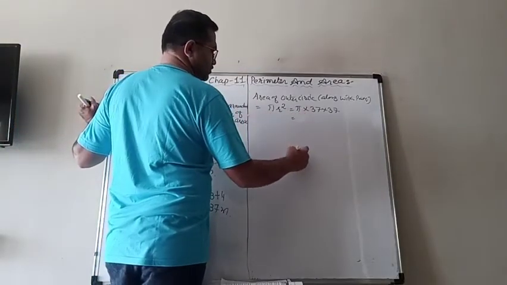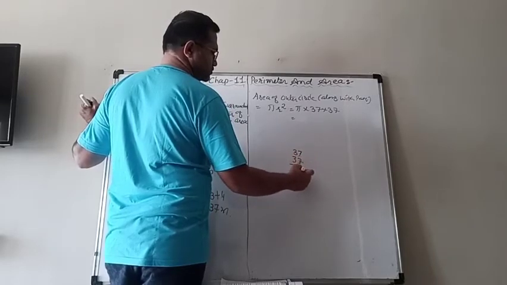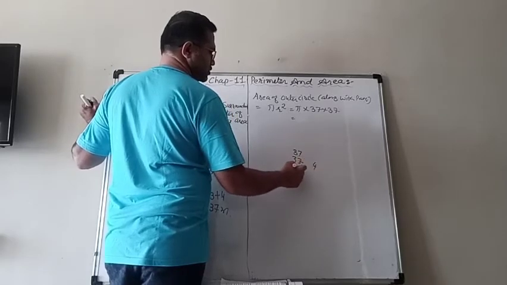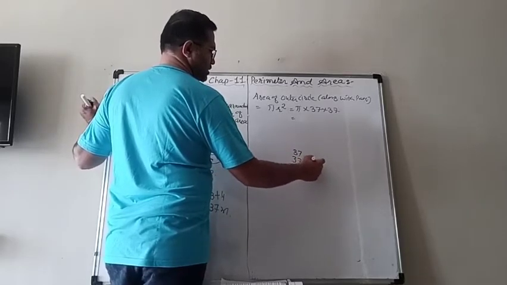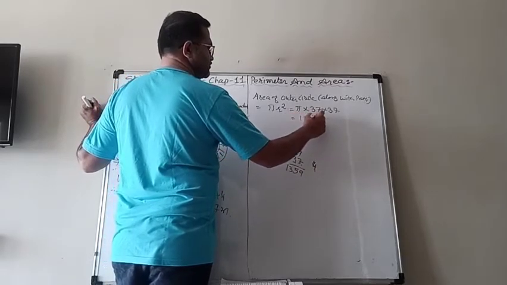So pi into 37 into 37, that is equal to 37 multiplied by 37, which is 1,369 pi.